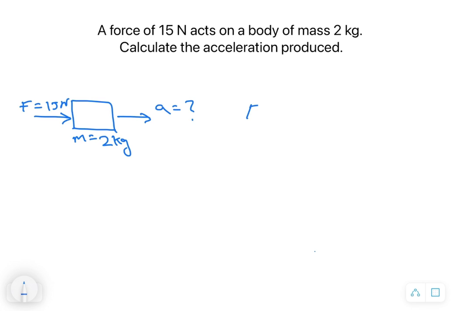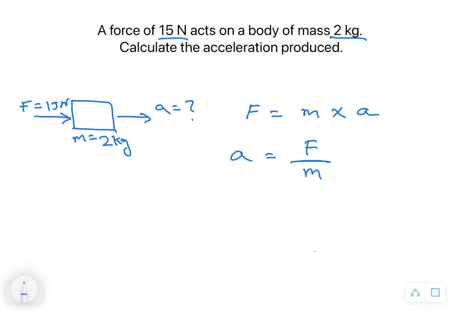Now force is the product of mass and acceleration. Let us rearrange the terms in this formula. A will be equal to force divided by mass. Force is already given in the statement of the problem. It is 15 newtons and mass of the body is 2 kilograms.